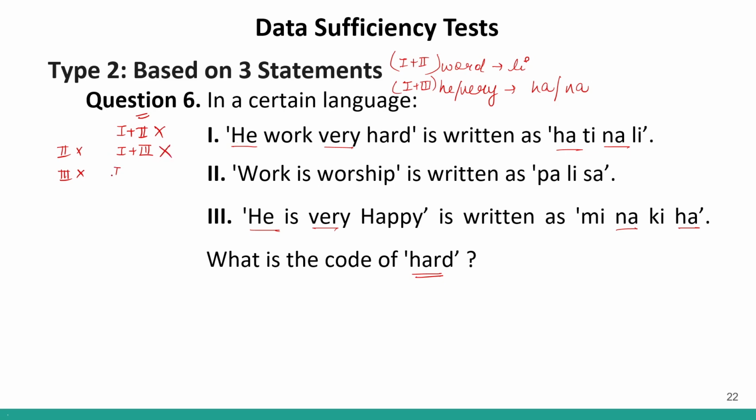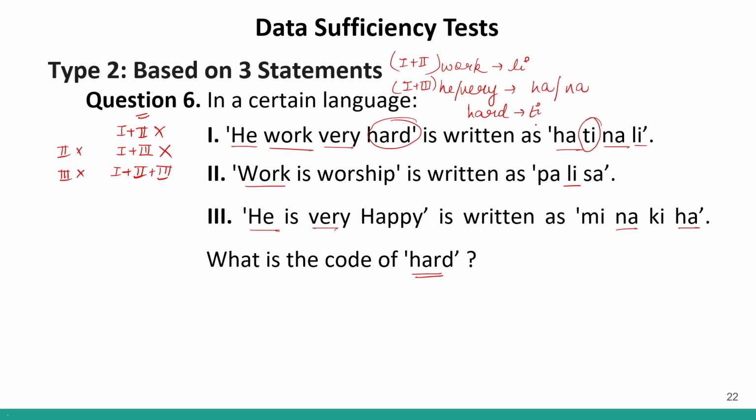Now I am combining all the 3 statements. If I combine all 3 statements, now I have the code for work also. Work is coded as LI. So now the remaining word is hard. Hard will be coded with TI.